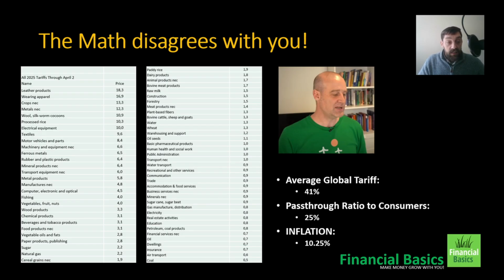The average global tariff, if these things are implemented, is 41%. Based on the math produced by the United States government, by the Trump administration, the pass-through ratio to consumers would be 25% of that. And based on that alone, the inflation would be 10.25%.